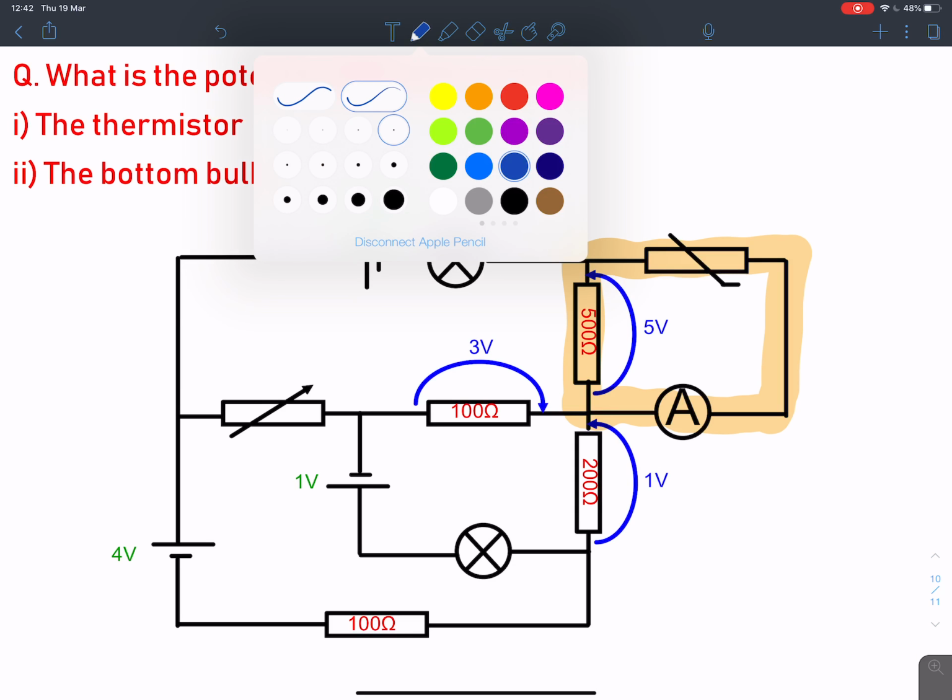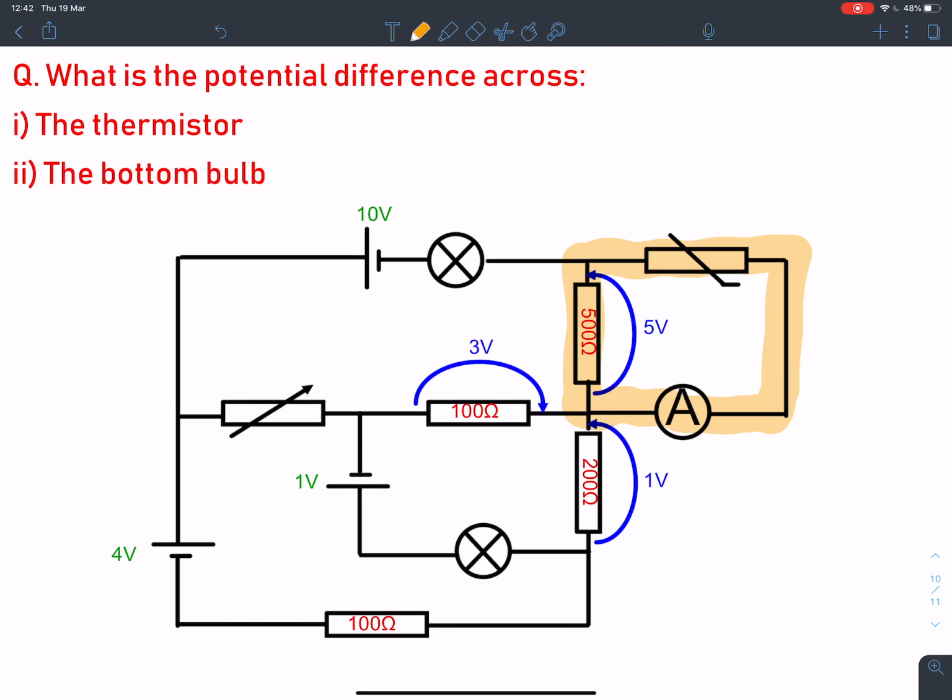Okay, so let's have a little go at following this round. Well, we've got a potential difference of 5 volts across this resistor. So let's follow my loop around. We've got no EMFs in this circuit, so we can say sum of potential differences equals 0.